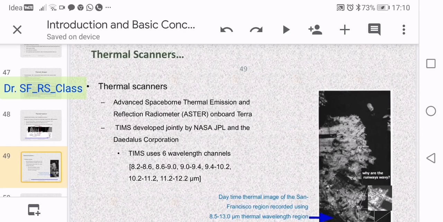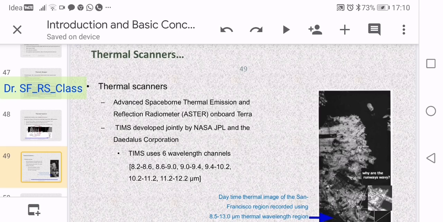So in thermal scanners, there are some satellites named Advanced Spaceborne Thermal Emission and Reflection Radiometer, which is known as ASTER, in the Terra satellite, as we have told earlier, Terra and Aqua satellites.